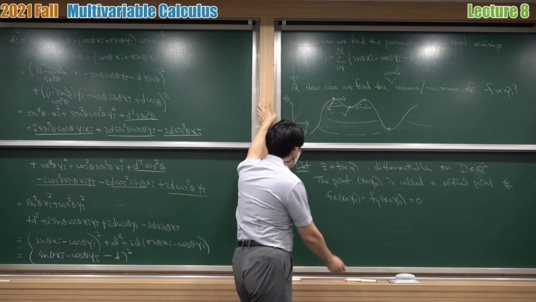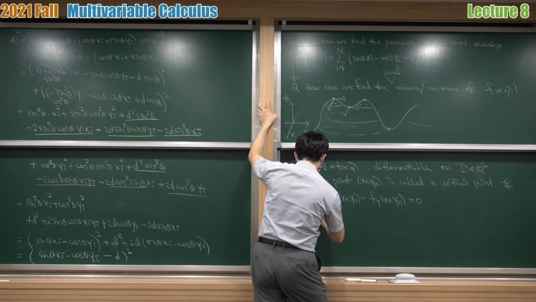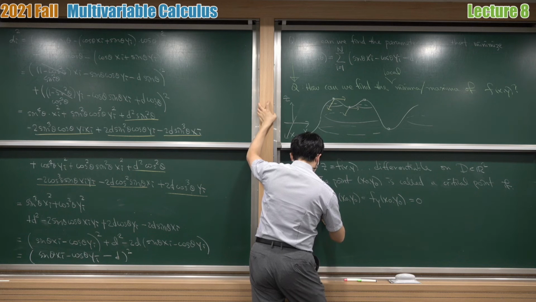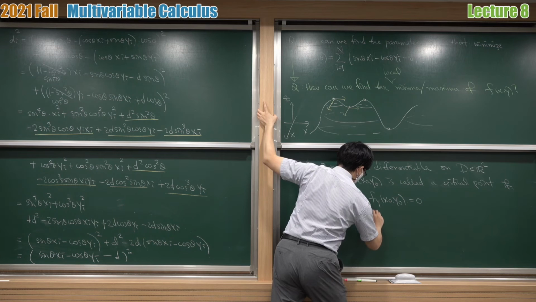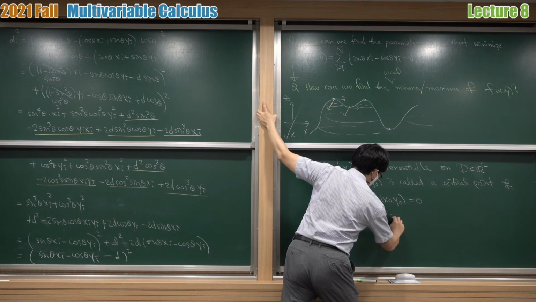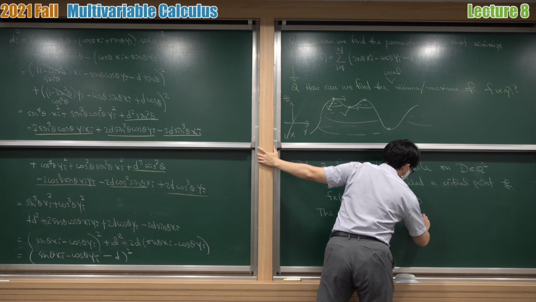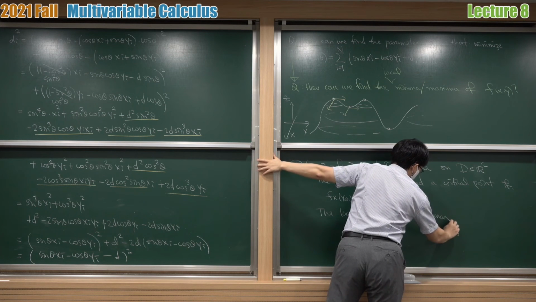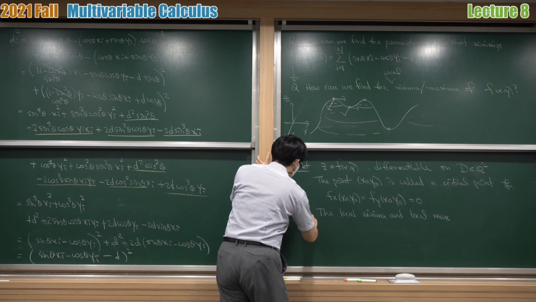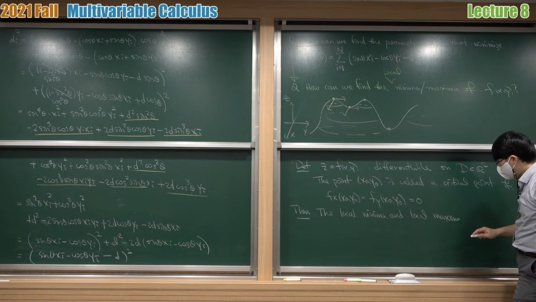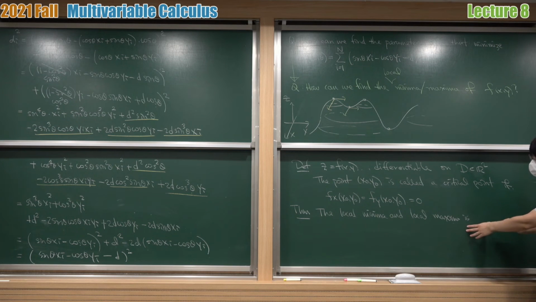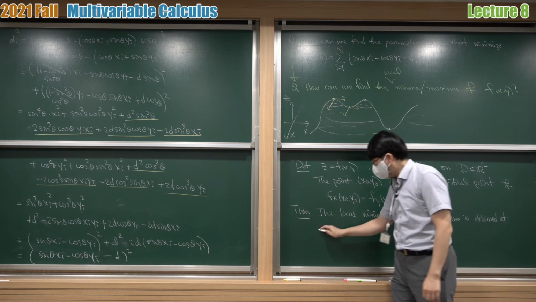In that case, actually, this is a property or theorem: local minima and local maxima are obtained at the critical point.